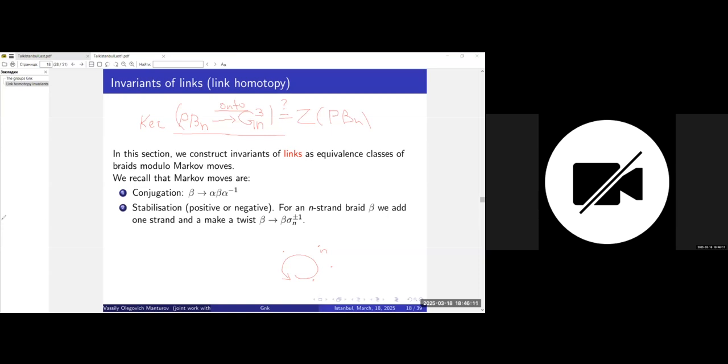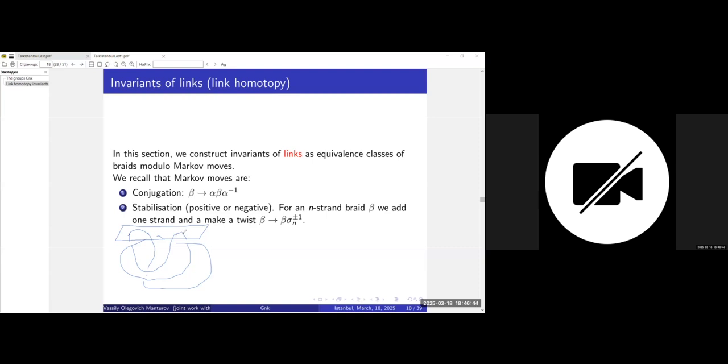Now I want to pass to links or knots. What is the problem with links or knots? First, if I consider a knot in 3-space and I want to scan this knot from the top to the bottom, then when I scan it by planes, two unpleasant situations may happen.